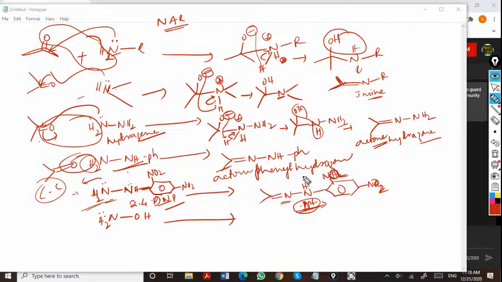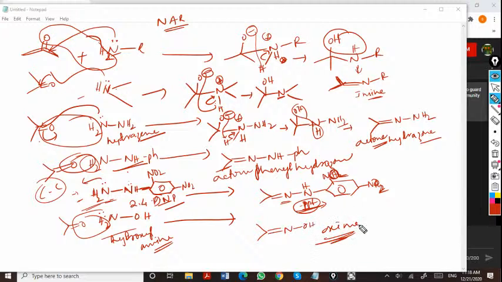Carbonyl means it may be an aldehyde or a ketone. These reactions are given by both aldehydes and ketones. Now this is hydroxylamine. If the system is hydroxylamine, again it is going to form a double bond, NOH. This is called an oxime. So oxime formation.